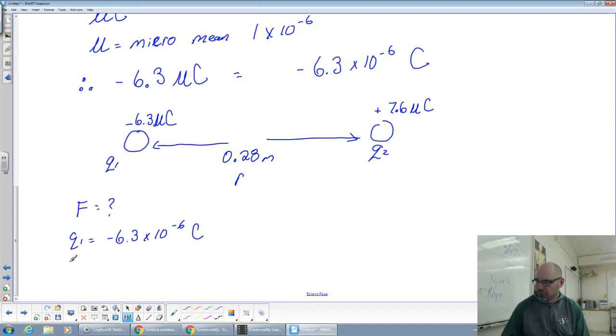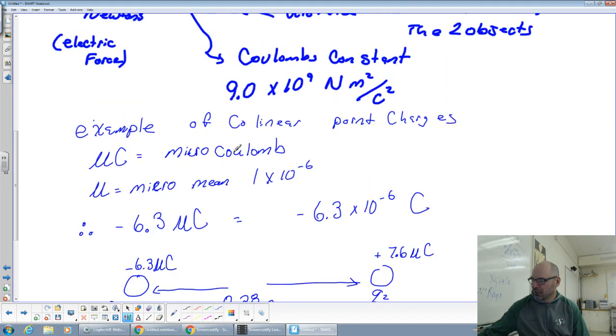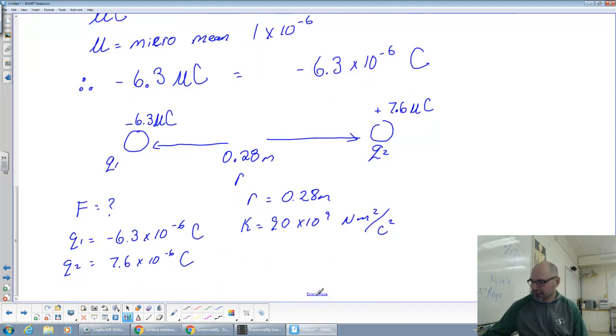Q2 equals 7.6 times 10 to the negative 6 coulombs. R equals 0.28 meters. And K equals 9.0 times 10 to the 9 newton meters squared over coulombs squared. Okay, let's make sure I got the right unit. Yes, I do.